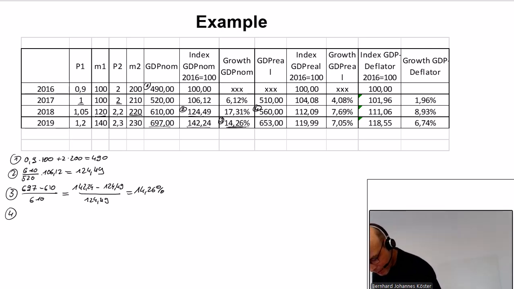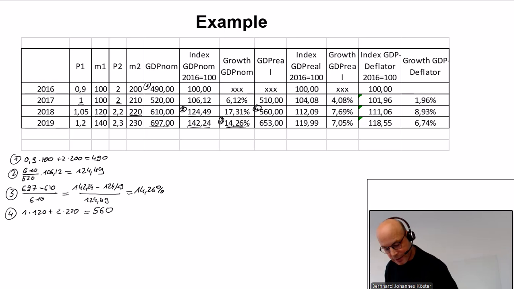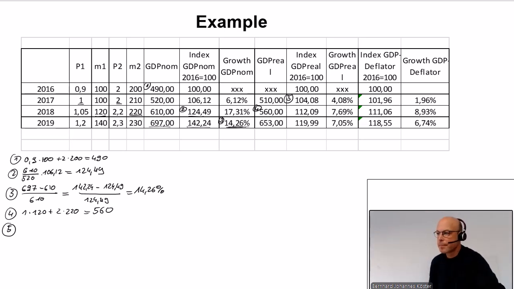So 1 times 120 plus 2 times 222 is 560. Let's take this index here. This was now maybe the most complicated, this chained definition.